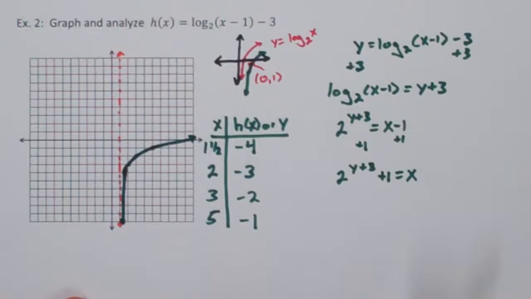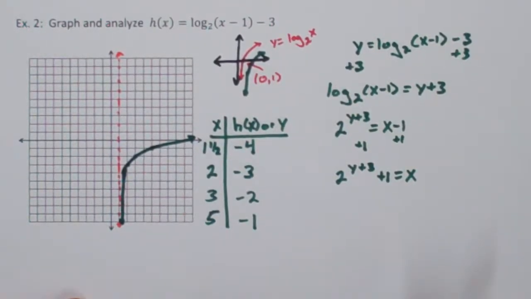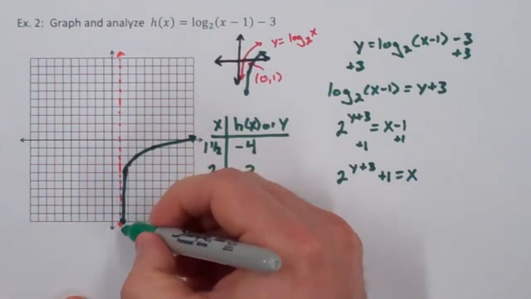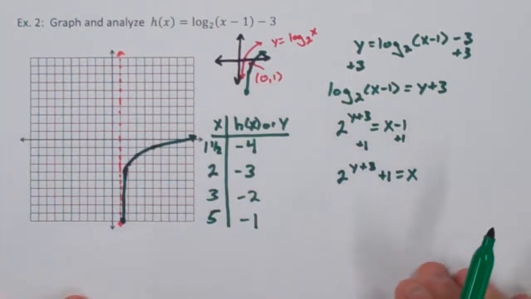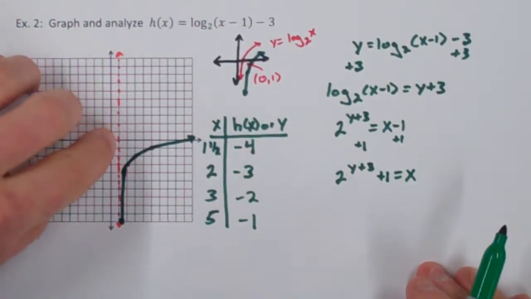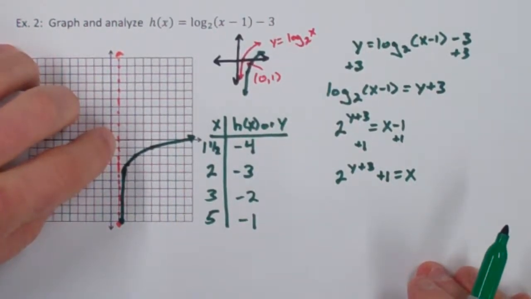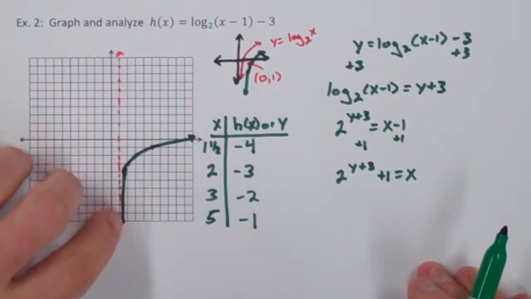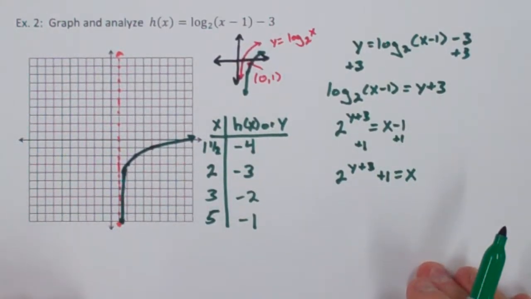So please don't rely on your calculator. Be a better math student and a good thinker and understand that this graph does continue down in this direction. We could make x arbitrarily close to 1, like 1.001, and this graph would just be more and more negative in the y direction if that happened.